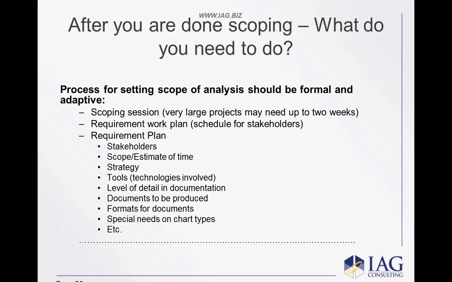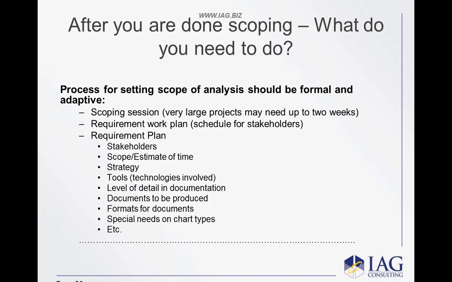Imagine that. We're doing one now. It's got 200 stakeholders involved. It's something like 10,000 hours of pulling the requirements out of these people. If they don't know where they're going, when they're going there, what techniques they're going to be using, what information to bring with them when they get there, all that basic stuff, they're going to shoot you. They're going to kill you at the end of the day. It's got to be coordinated.